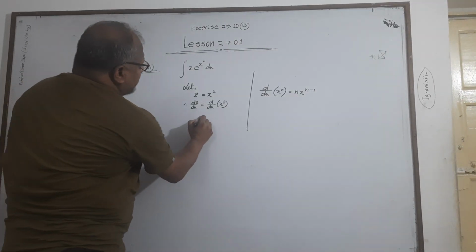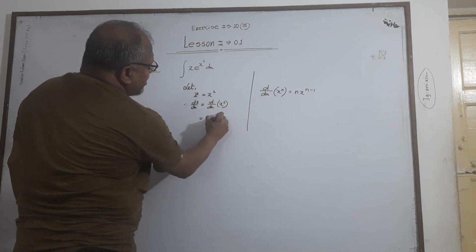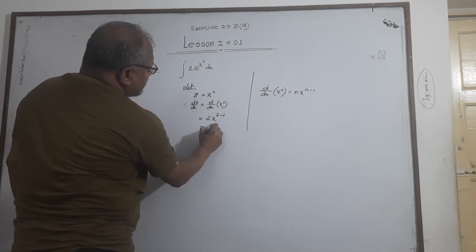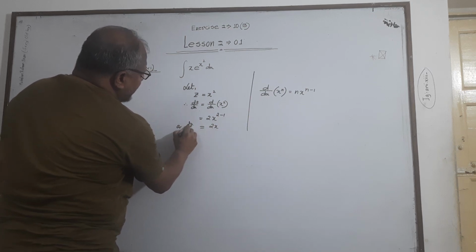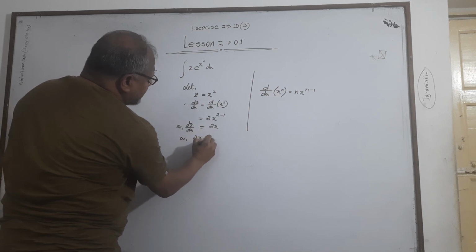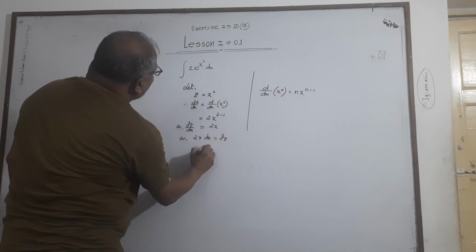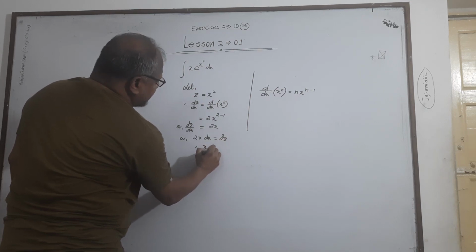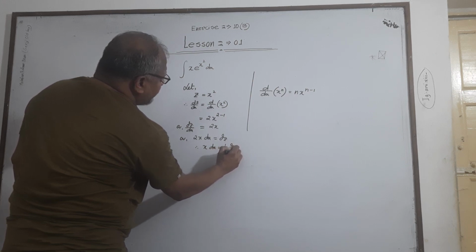According to this rule, here n is 2, so 2x to the power 2 minus 1, that is 2x. So d/dx of z is equal to 2x, or 2x dx equals dz. Therefore, x dx equals half of dz.